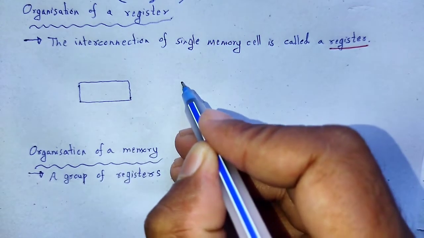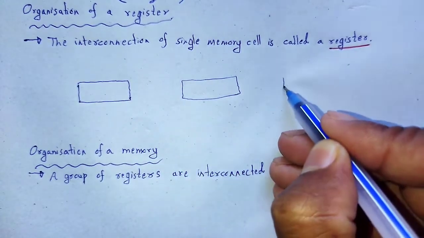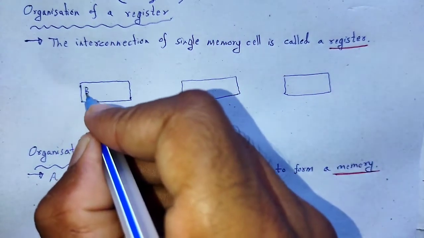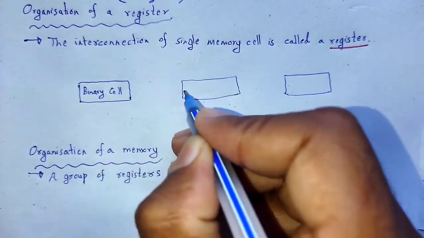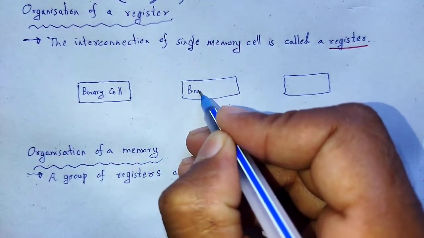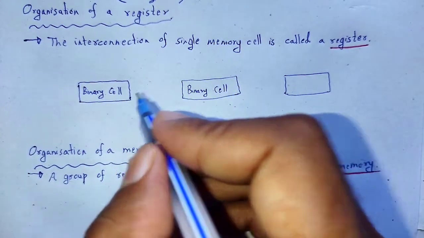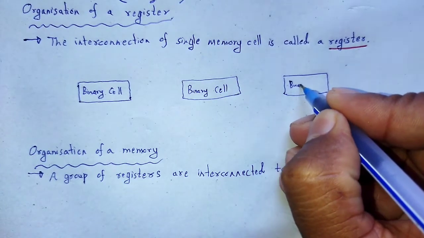One binary cell, 2 binary cells and 3 binary cells. Each binary cell is a memory cell.